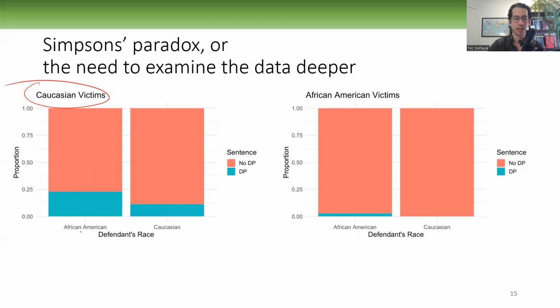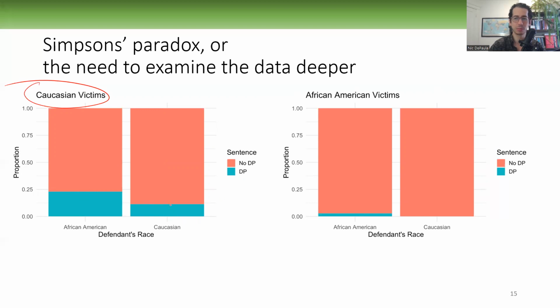The left bar is African Americans, when the African American is the aggressor. So when the African American is the aggressor, about 25% of them get a death penalty for Caucasian victims. However, if the aggressor is Caucasian, only 12% get the death penalty.